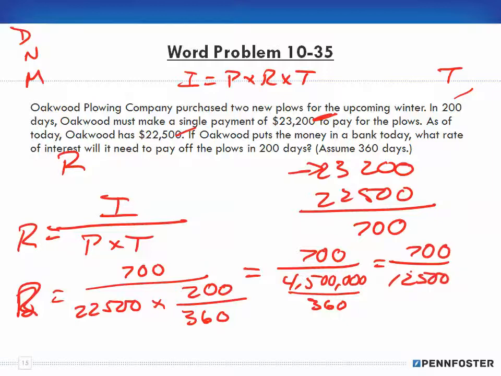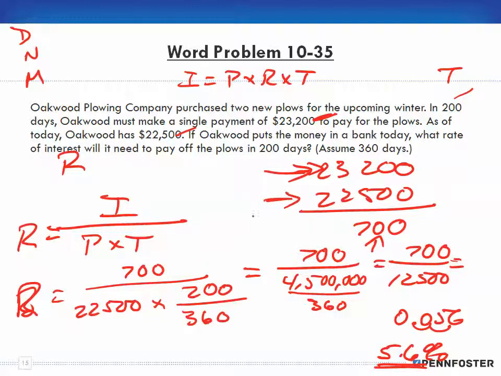If I divide the 700 by the 12,500, I end up with 0.056. Of course, that's in decimal format, and to turn it into a percentage, move the decimal place to the right two places. So I end up with 5.6%. That's the rate that is needed in order to earn the $700 to pay off the loan of $23,200, since he already has $22,500 saved.